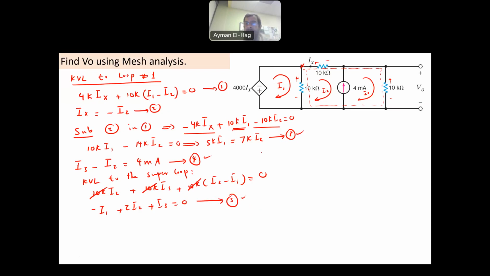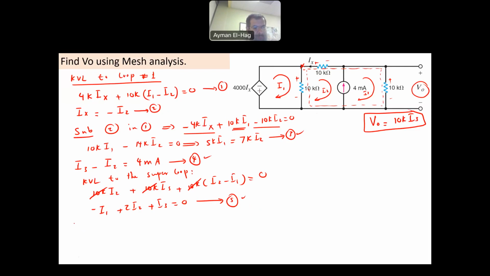Now, what I want to find is V out. V out is nothing but 10K times I3. So if I find I3 only, I will be able to find my V out. Let's substitute everything in terms of I3.